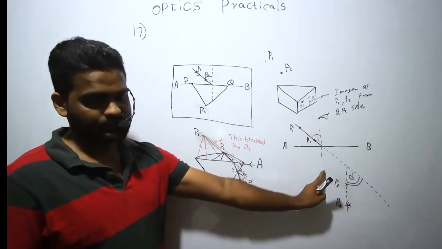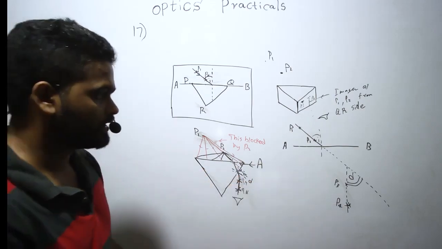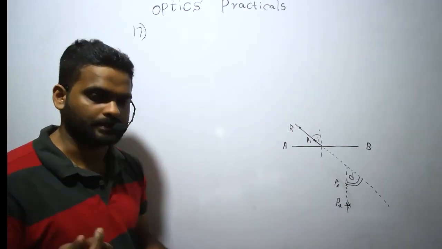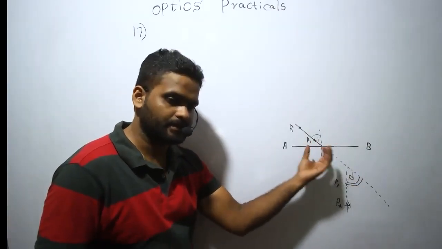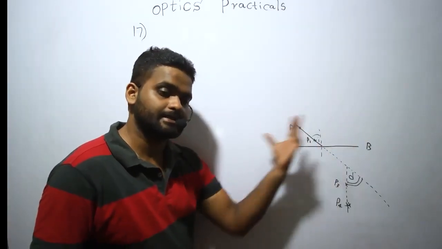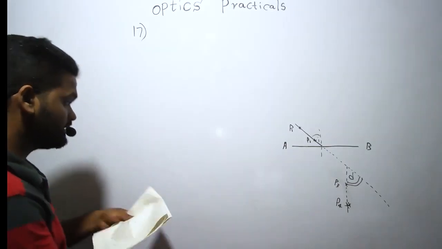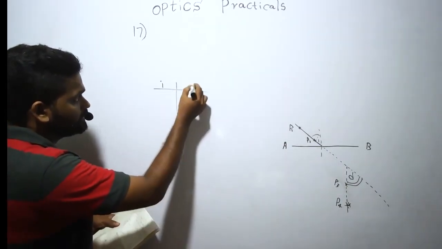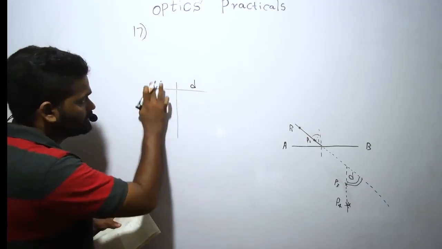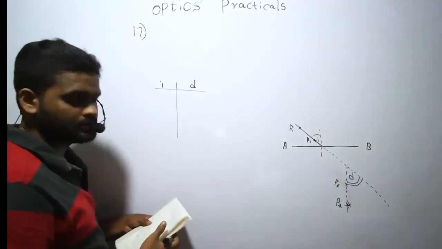Okay, draw this one as well. So this is just for one incident angle, right? You have to do this at least 6 times. Then those readings, you can record them in a table.